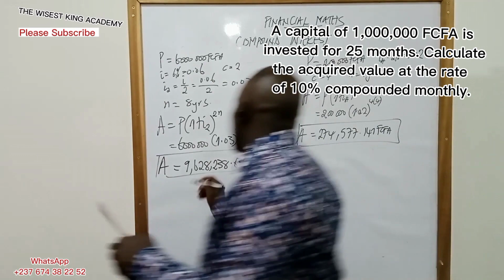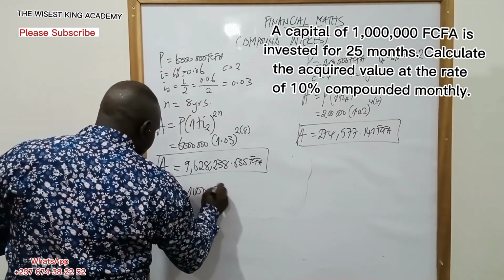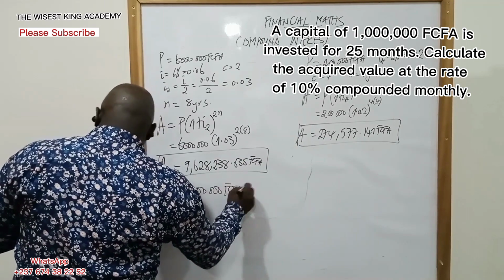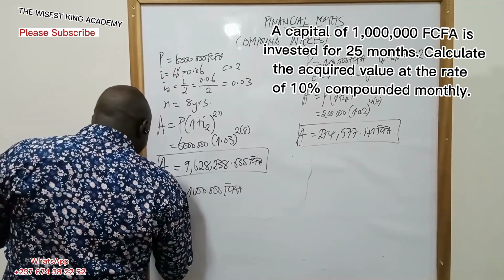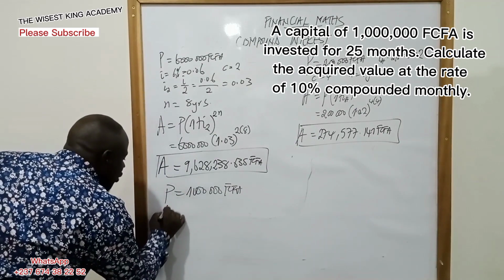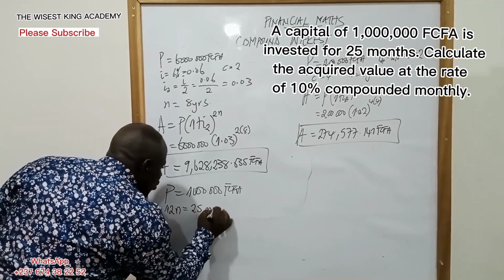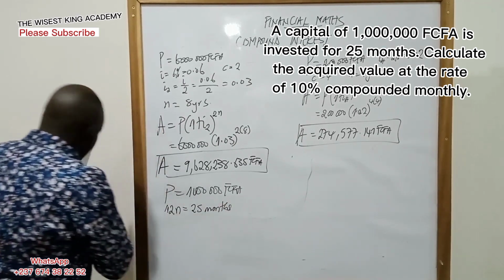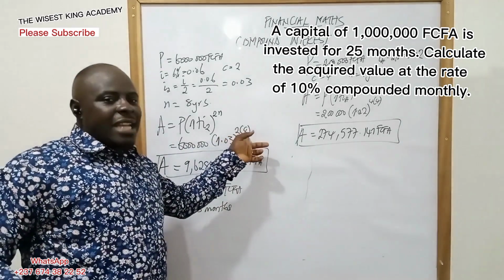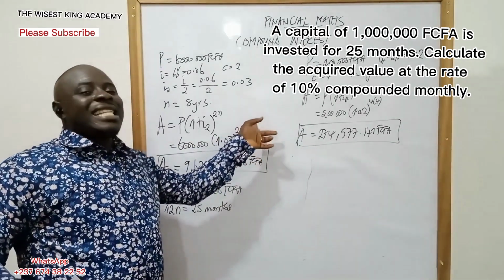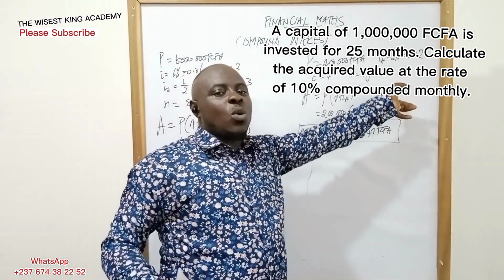Now, let me use this section of the board. P is 1 million francs CFA. N, please permit me to write 12N, which will be 25 months already. Because here, 2 times 8 gives 16 semesters. 4 times 4 gives 16 quarters.